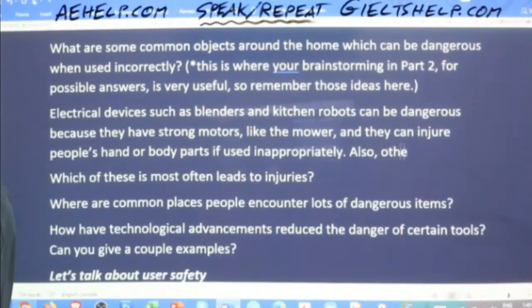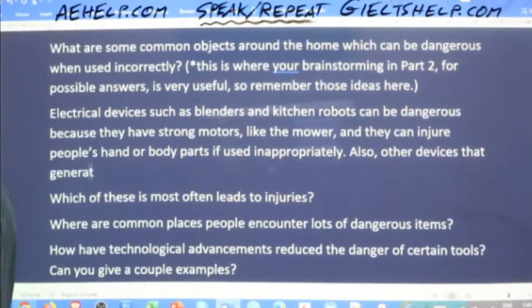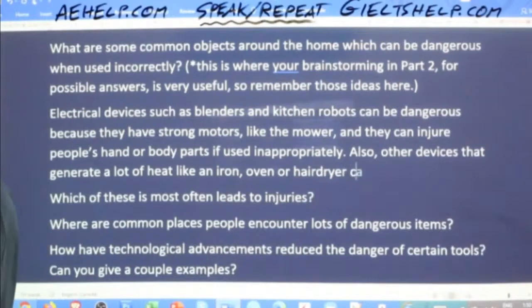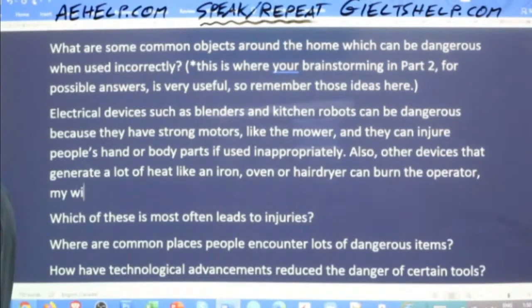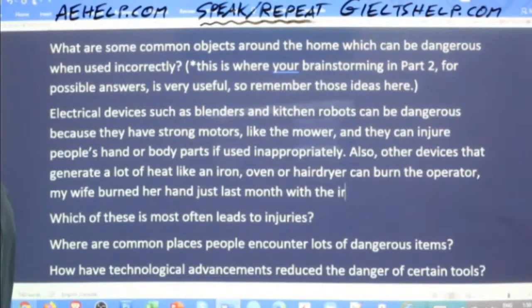Also, other devices that generate a lot of heat, like an iron, oven, or hair dryer, can burn the operator. My wife burned her hand just last month with the iron.